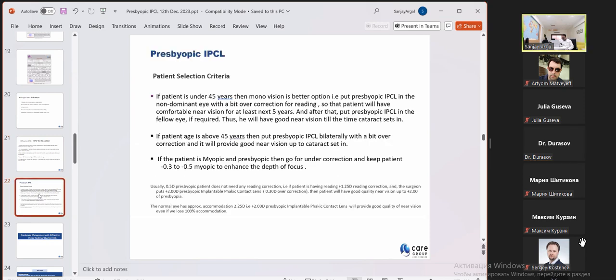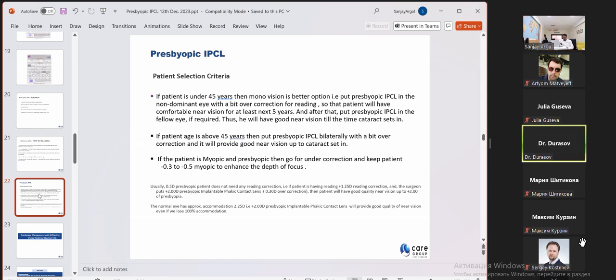So this is another criteria for the patient selection. So in India, we prefer the patient should be around the age of 45 and having 1.5 diopter reading correction. And then the nomogram advises about 0.3 diopter overcorrection.